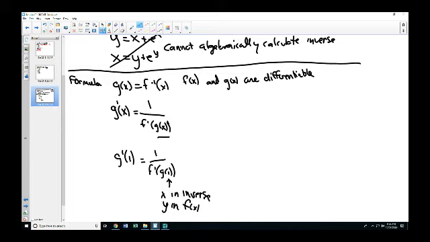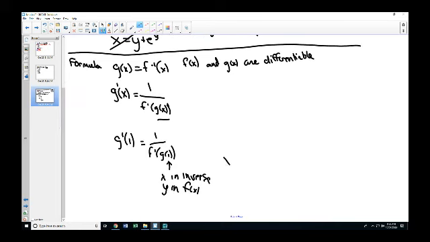Here's another way to put it: the x in g is 1, which means the y value in f is 1. So I need to figure out the x of f to get the y value of g, correct?